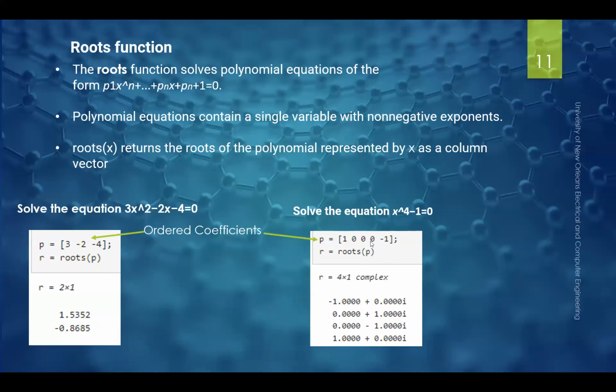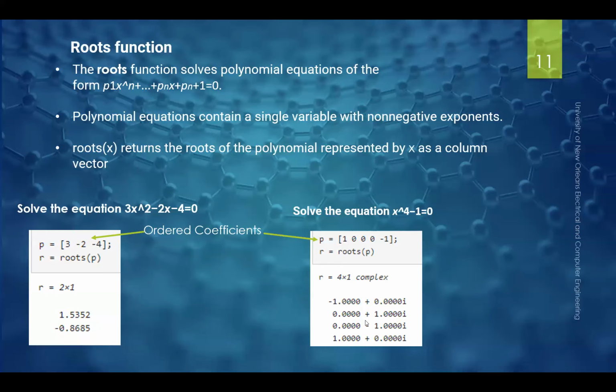So we need to put a 0 where those coefficients go. You can't leave it just empty. You have to have a 0 because it indicates that in those positions, there are no coefficients associated with those powers of the variable. But we do have a coefficient associated with x to the 0, which is the last one, and that one is equal to minus 1. And that's how we end up with this vector that includes the coefficients for the polynomial. We give that to the roots function, and then the function simply solves it.